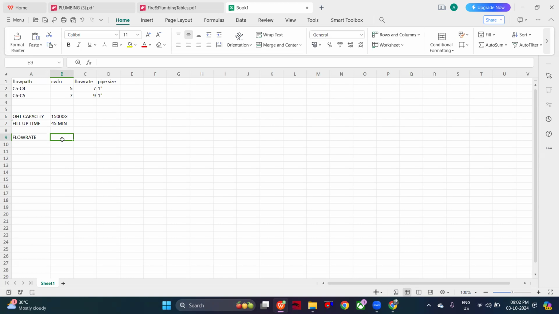OHT capacity is 15,000 gallons and the fill up time is 14 minutes. So you can find out the flow rate happening in that pipe. Stuck? Need help? How did you find out that one?